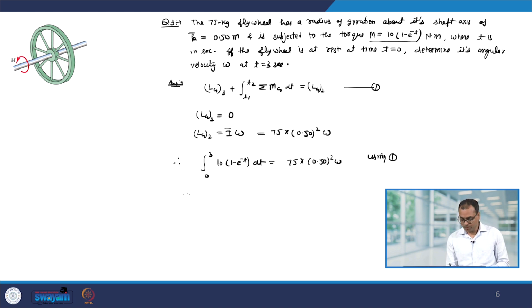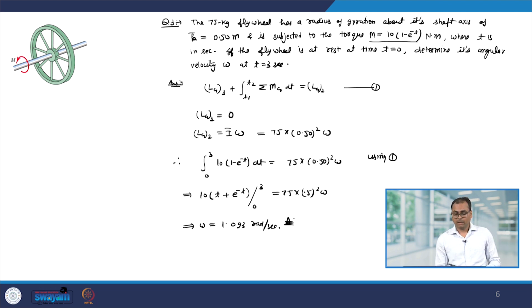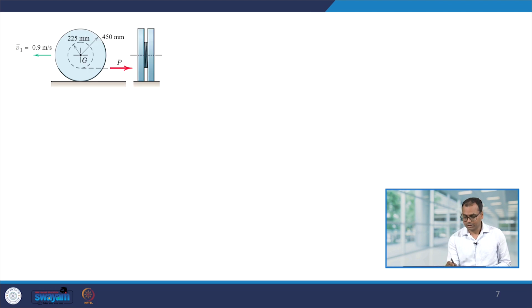So, that gives you 10 into t plus e to the power minus t, and the limits are 0 to 3, equal to 75 into 0.5 square into omega, and that gives you omega equal to 1.093 radian per second.